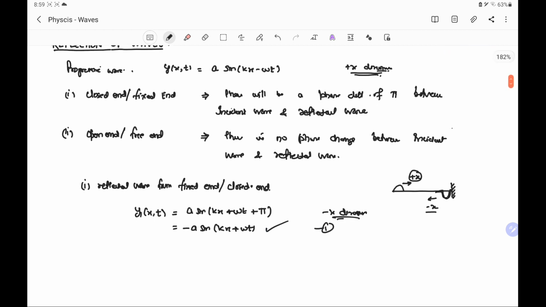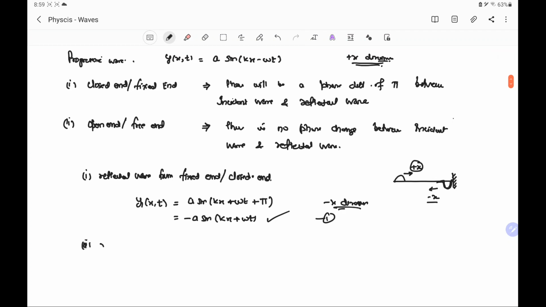Similarly, if the wave gets reflected from the open end, or we can say the free end, for example a string attached to a ring supported by a vertical bar, and a wave train is set up as earlier in the plus x direction, then on reaching the ring, which is free to move up and down, it causes the ring to move up, and after that the ring comes down, resulting in a pulse moving in the negative x direction.